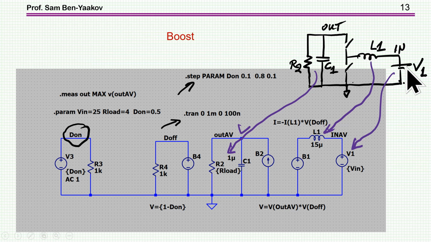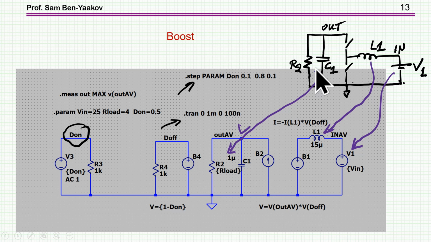Here, V in, I don't have to do anything because this is already DC. Here, I can take the average. The average is D off times the V out, because D off is a fraction of the time that I'm spending here, otherwise it's 0. So therefore, this source here is V out, which is the output voltage here, times VD off, voltage of D off, which represents D off.